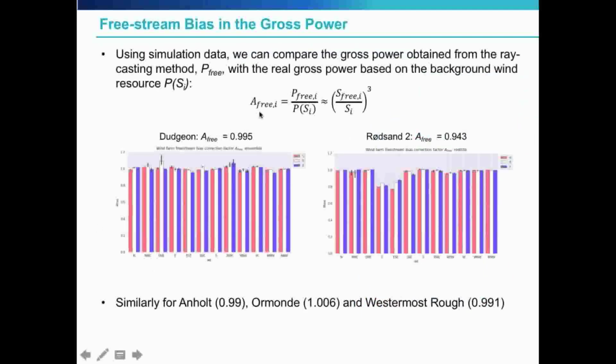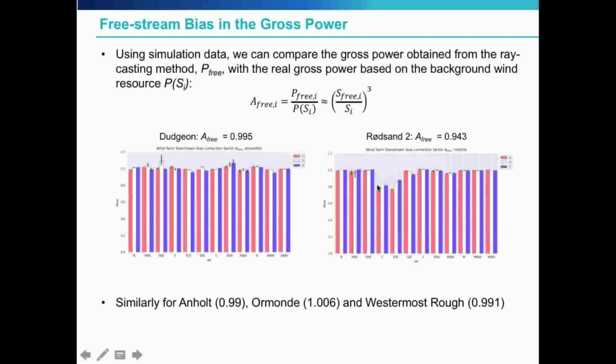We can also test this with the simulations, because the simulations give you the true gross power, which is here in the denominator, and then you can compare with this free stream method, the numerator, and see what the difference is. For a wind farm like Dagian, we see that 1% difference on the data. But we don't see that in Rosan 2, where we have wake effects from NISTED.